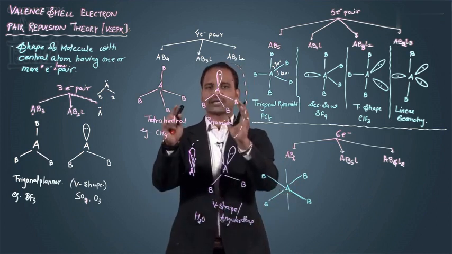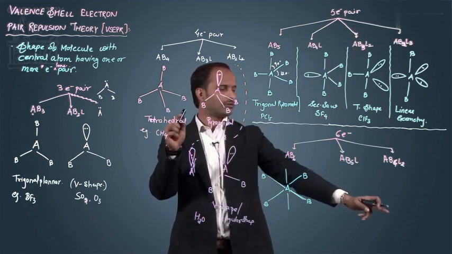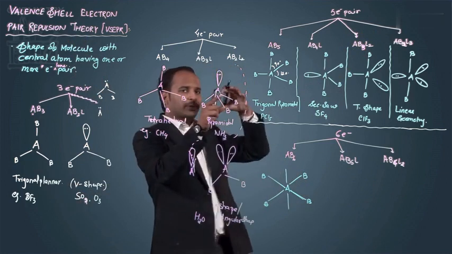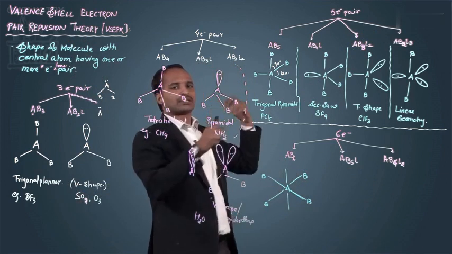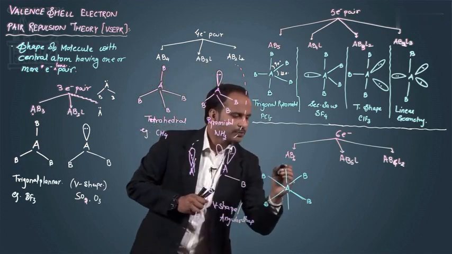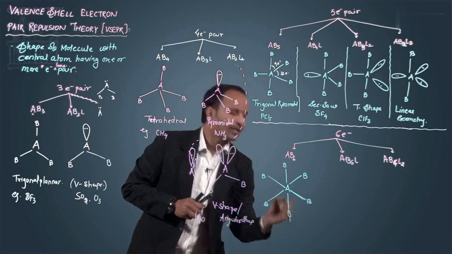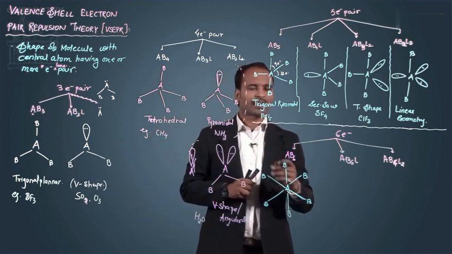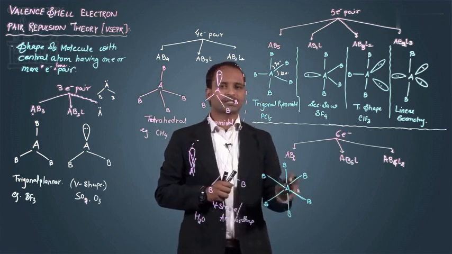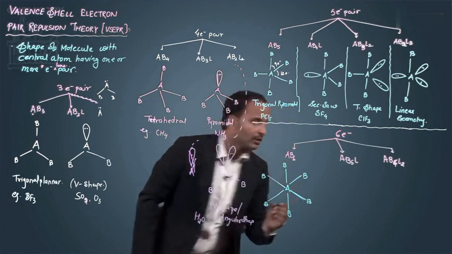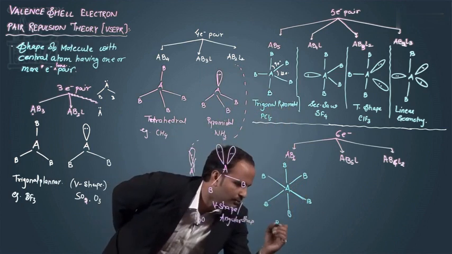That means if A is the center, one B will be at this corner, one at this corner, one at this corner, one at this corner. The fifth B will be perpendicular like this, and the sixth B will again be perpendicular from the back side. So here I can say this is B and B. In this case all angles are 90 degrees, so the lone pair electron can replace any of the 6 electron pairs. AB5L. This is called square pyramidal geometry.